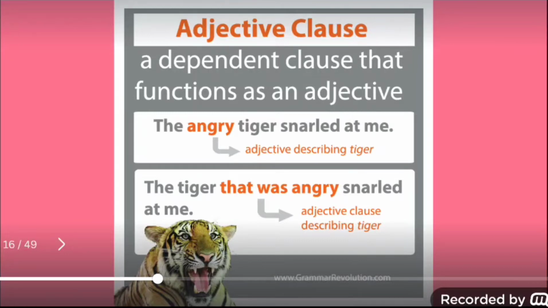That was angry. So here a dependent clause is used to describe the noun tiger. Therefore, such dependent clauses are known as, yes, adjective clauses.